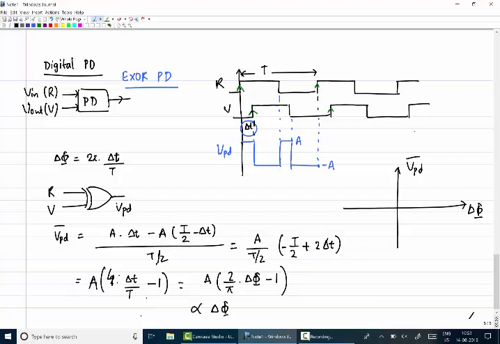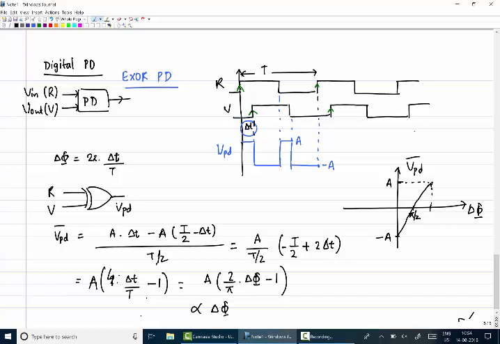So for phase error equal to 0, this value is actually minus A, for phase error equal to pi by 2, this is going to be 0, and for phase error equal to pi, this is going to be plus A. You can have A as 1 or whatever amplitude of the digital signals you have. So if you look at it, this is linear.